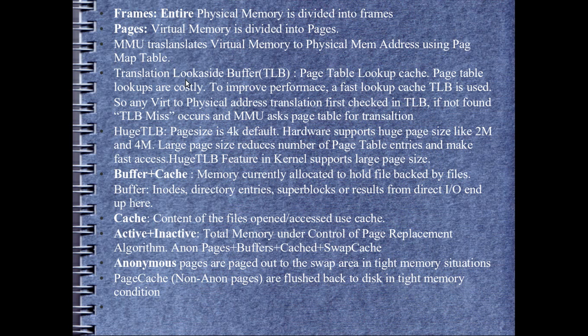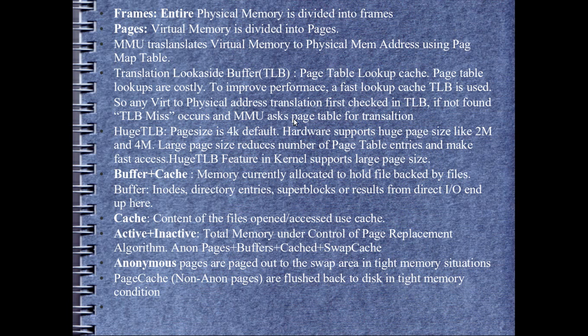This is the TLB cache, or translation lookaside buffer, which is close to the processor so it can look at the mapping quickly. If it is not able to find the mapping in the TLB cache, it will fetch it from the actual page table. So to improve performance and make lookups fast, the TLB cache is used.